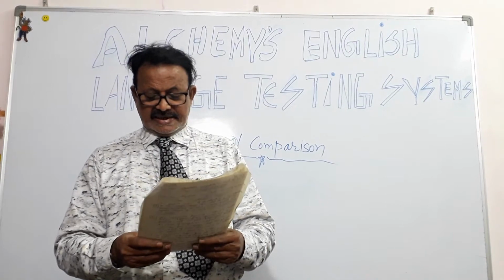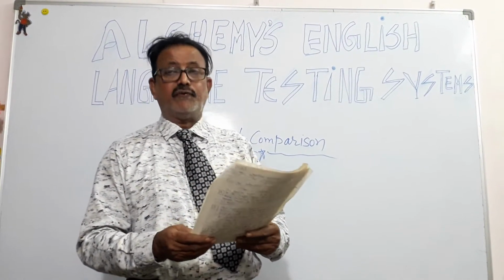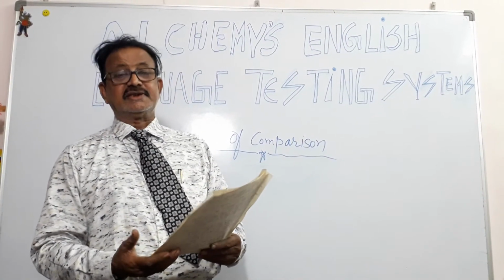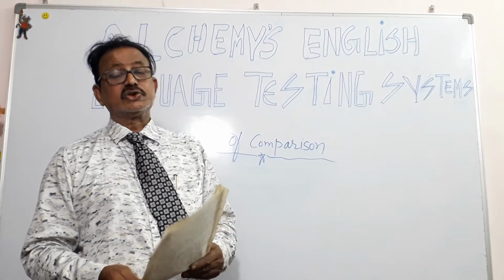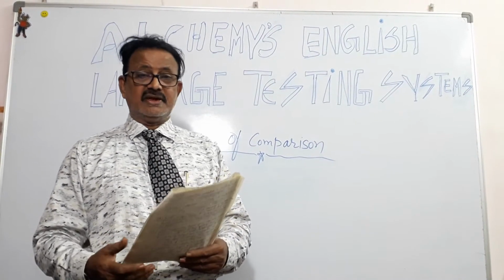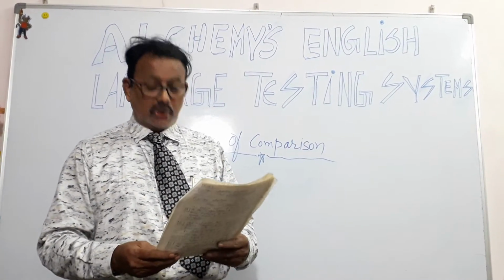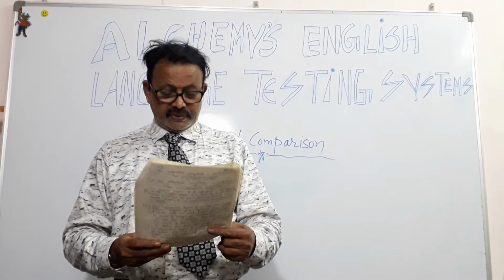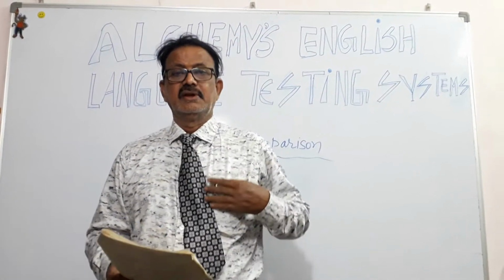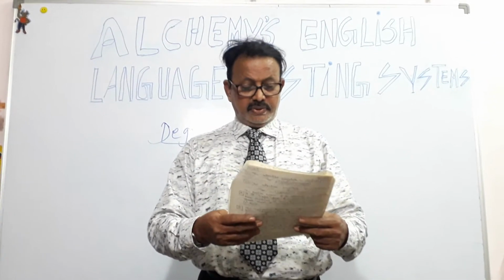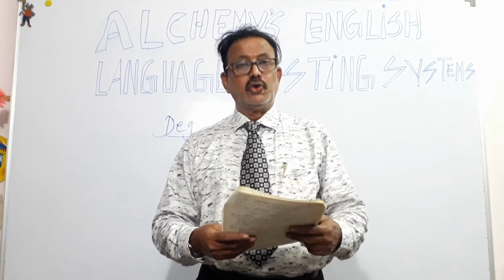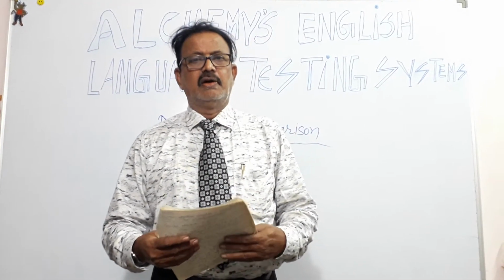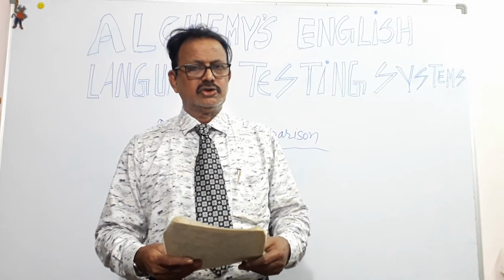Now we can see that adjectives change in form: sweet, sweeter, and sweetest. The same adjective sweet becomes sweeter and sweetest to show comparison. They are called the degrees of comparison. So we have gone through all these sentences of positive, comparative, and superlative.